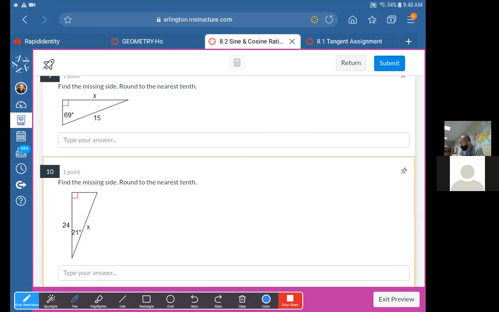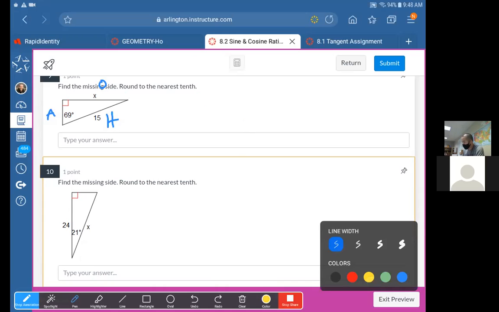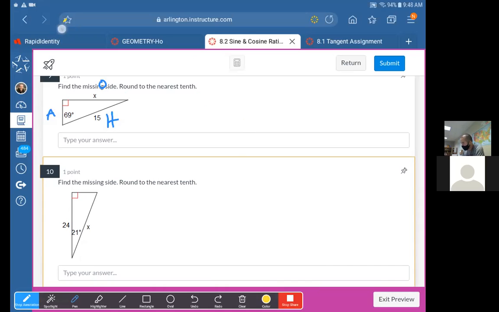This one, that's the hypotenuse. That's the opposite. That's the adjacent. So you have O and H. So your three functions for trig: sine, which is opposite and hypotenuse; cosine, which is adjacent and hypotenuse; and tangent, which is opposite and adjacent.